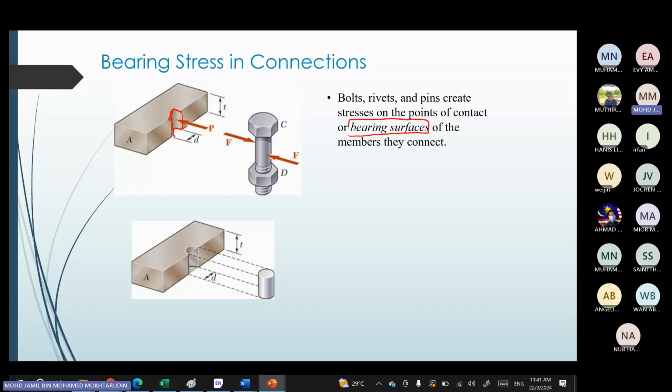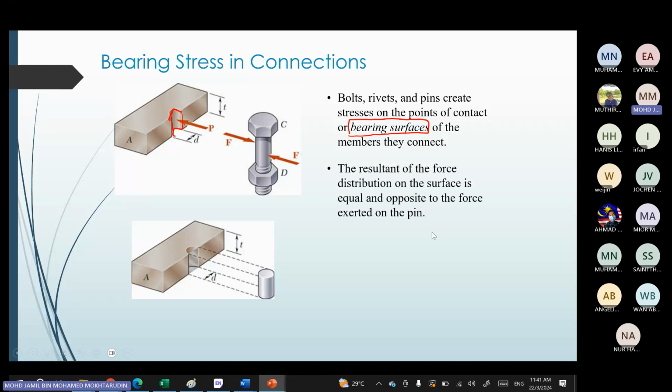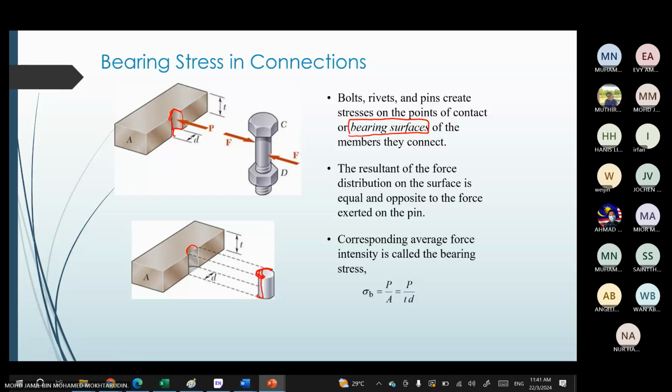It's the same thing, but you need to find the contact area between the shape A and the bolt and nut. So for example here, the contact area here with the contact area here. Okay. Tapi ni tak keluar test lah. Just beritahu je, mungkin boleh buat tutorial seterusnya.